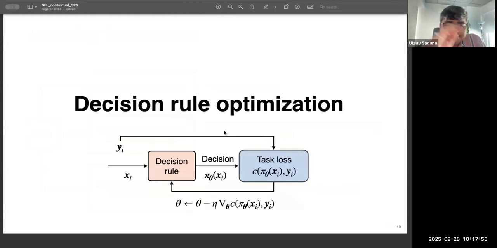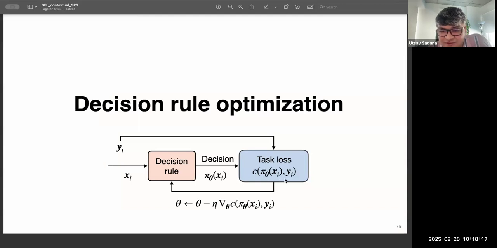So let's start with decision rule optimization and see how we can learn the theta, the parameter for your decision rule, based on data. You start with some theta, you pass your covariate through this decision rule, you get your decision pi theta of xi.